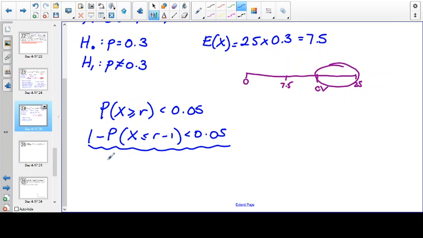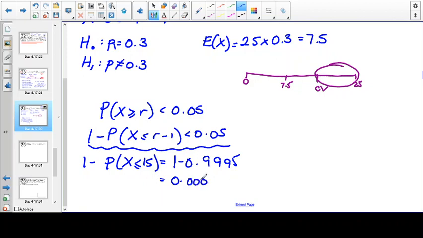So if I choose some numbers, let's go for, I don't know, I'm going to start with 15, 25 and 0.3. So 1 minus the probability that x is less than or equal to 15 is 1 minus 0.9995, which is 0.0005.